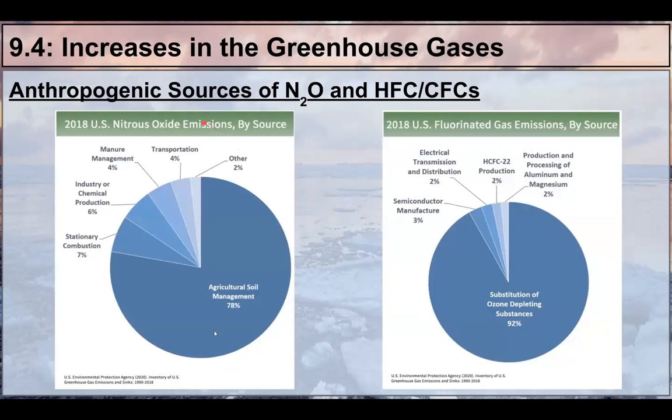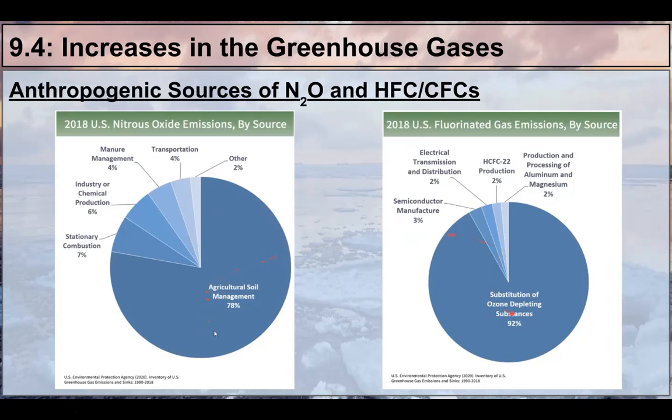Okay, so the major sources of nitrous oxide, so the agricultural soil, so a lot of times nitrous oxide gets produced as a result of the application of fertilizers. Okay, so that is clearly the biggest source there. And then our fluorinated gas emissions.